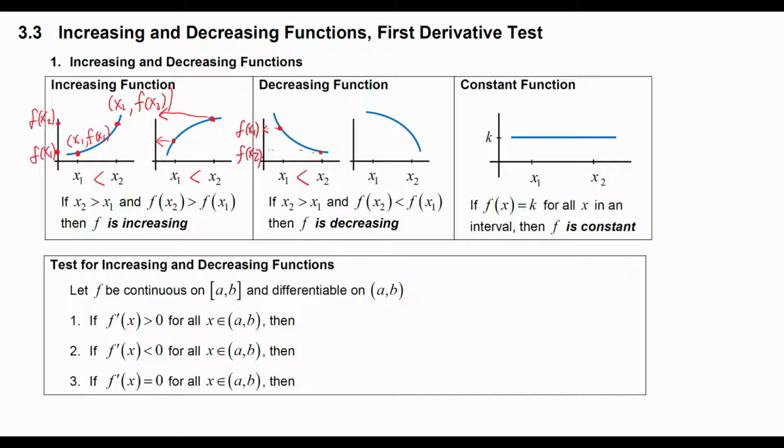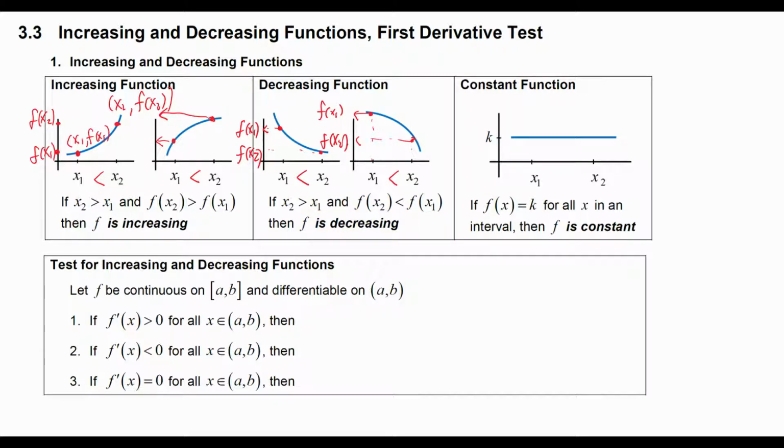So accordingly, as x gets larger, y values get smaller. So you can say that the function is decreasing. In the second picture too, you can see how x2 is larger than x1. However, f of x1 is larger than f of x2. So therefore, this function will be decreasing.